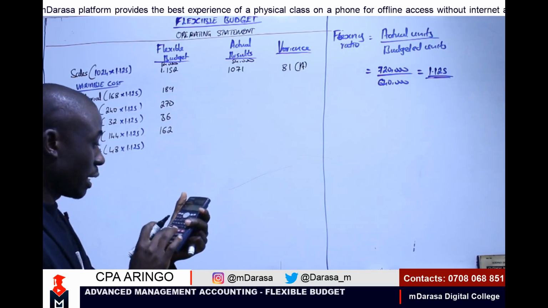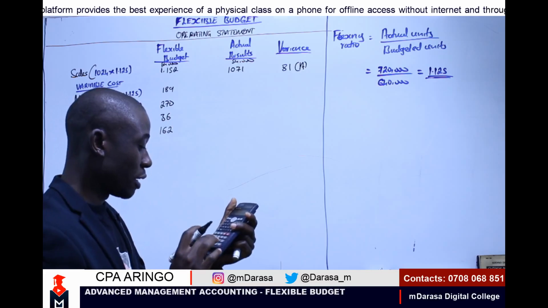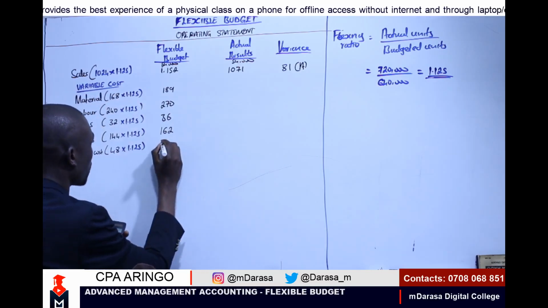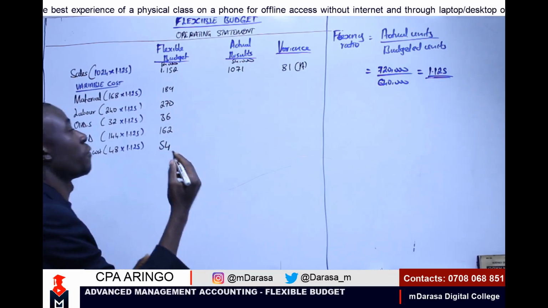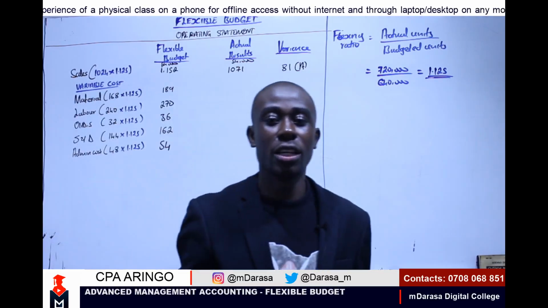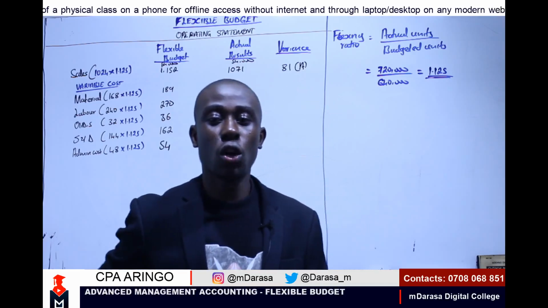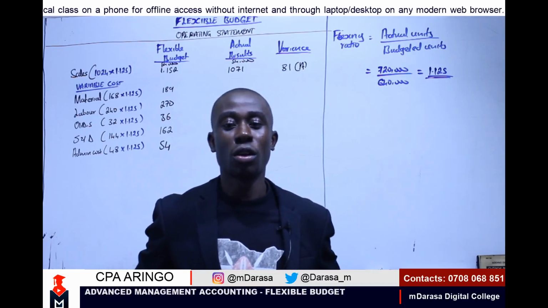And 48 by 1.125, I should be talking of 54 here. So that is our flexed data in relation to variable cost.